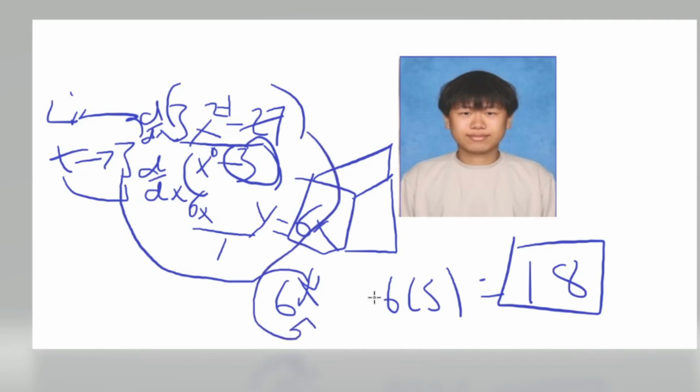And this number, 6x, signifies the slope at the point 3. So you just put 3 back in to get 18.